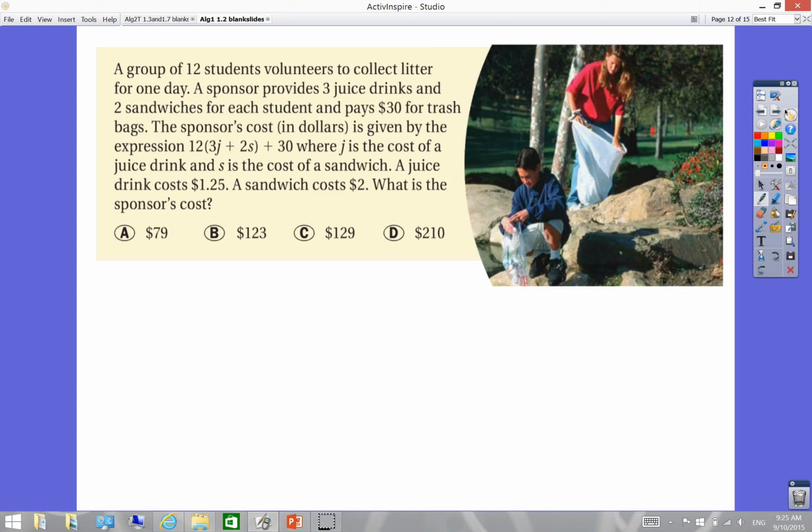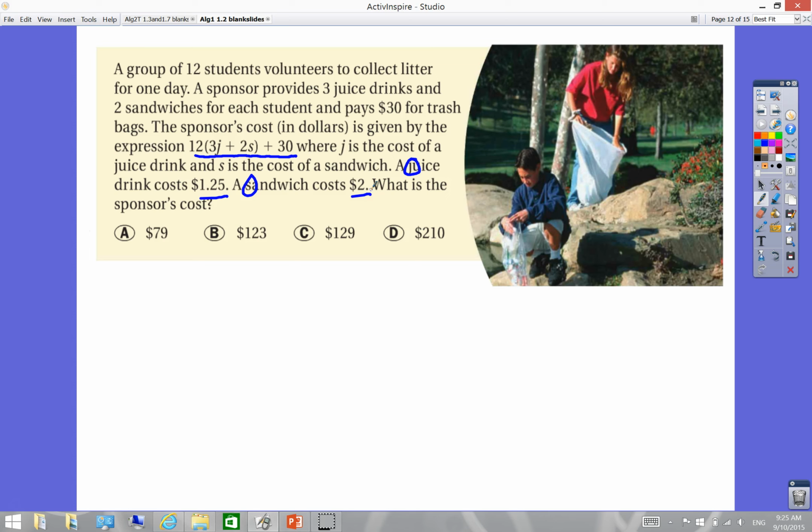So we can see in all the words here, and you can read those words, it's coming down to the fact that there is an algebraic expression, and there are values for the two variables, right? There's a J for juice, which is $1.25. There's an S for sandwich, which is $2.